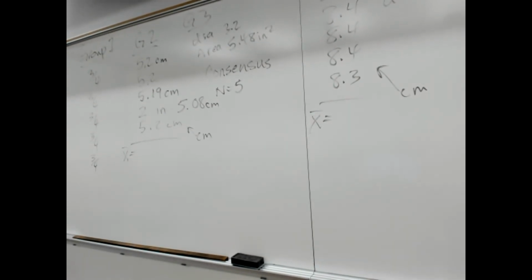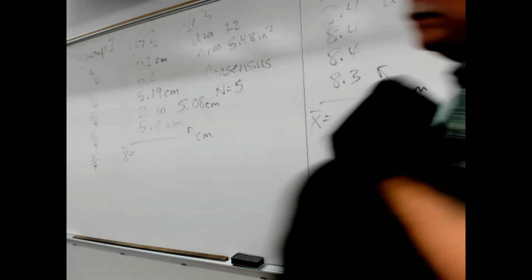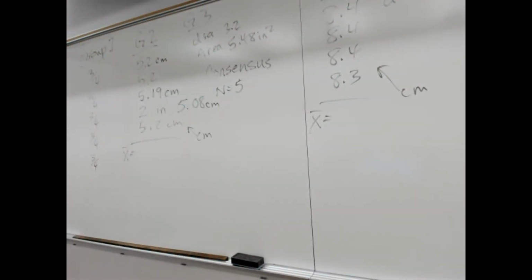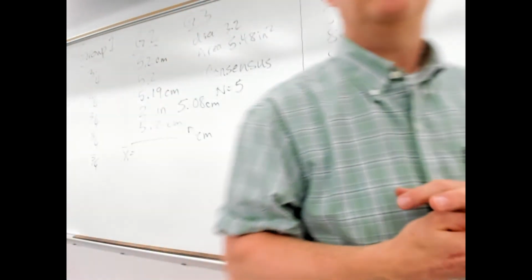And some of you may have the stat functions on your calculator. Let me use them, right? Put in 5.2, hit stat, add, 5.2, 5.19, 5.08, 5.2. Just keep adding those into the stat stack and then hit mean and it tells you the mean. Hit standard deviation, it tells you the standard deviation. Practice with that so that you know how to use your calculator.